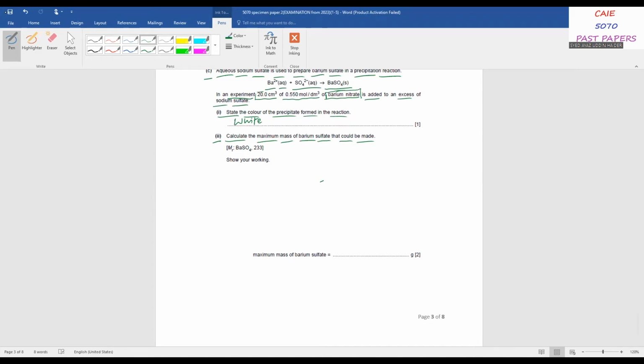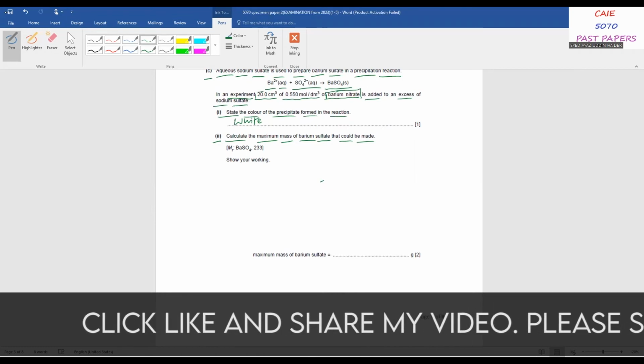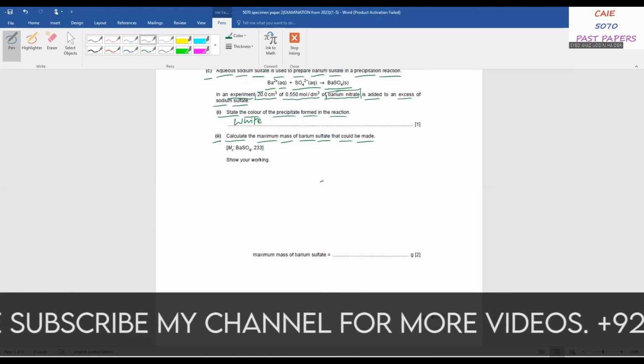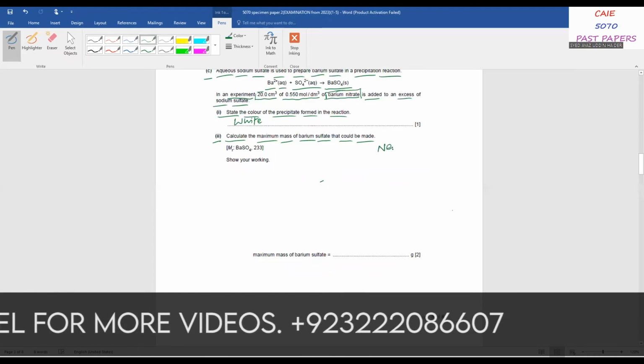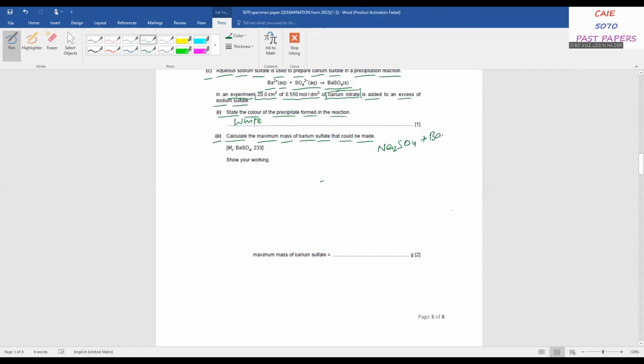If you look at this equation, it's the reaction between sodium sulfate and barium nitrate. Sodium sulfate is Na2SO4 plus barium nitrate is Ba(NO3)2. One of the products is BaSO4. We are interested in BaSO4, not in the other product. If you look at the mole ratio, both Ba(NO3)2 and BaSO4 have the same ratio.